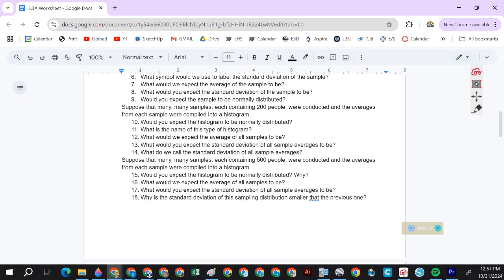Yes. Okay. What is the name of this type of histogram? Anybody remember? Sampling distribution. Well done. I believed in you. Trust me. So this is called a sampling distribution.